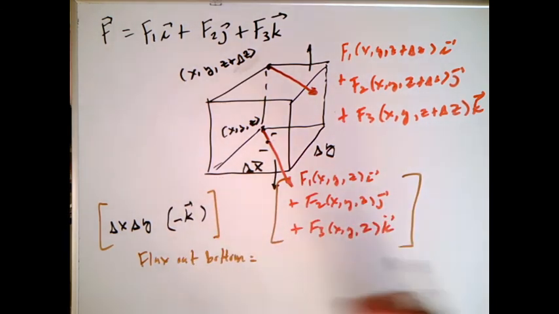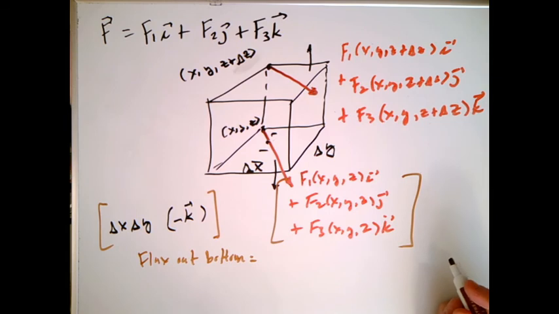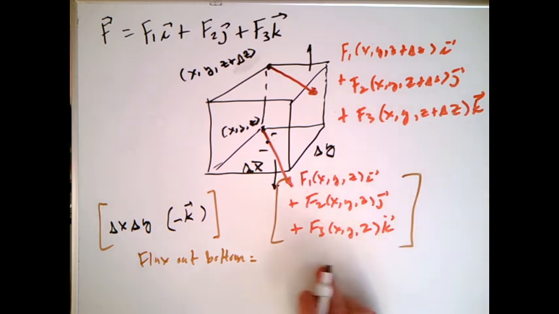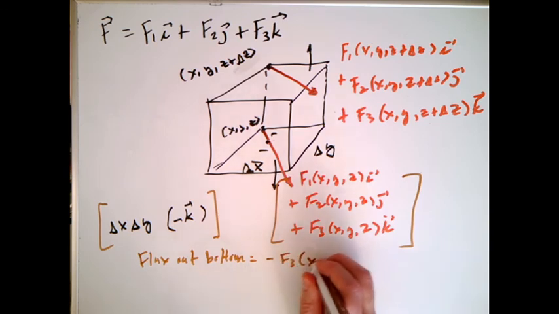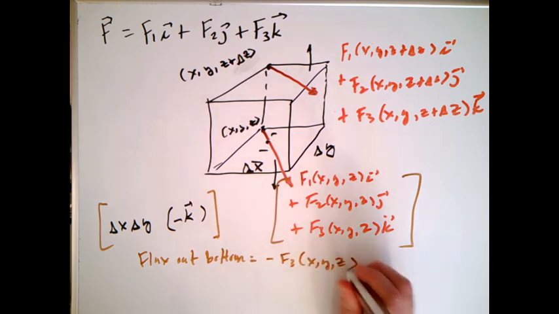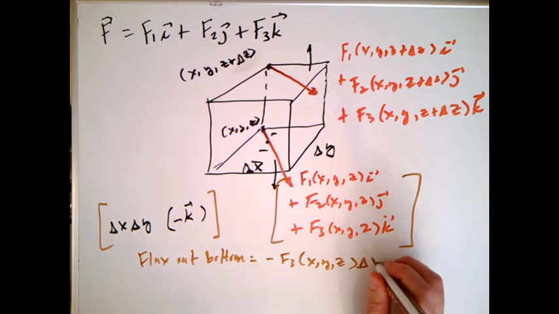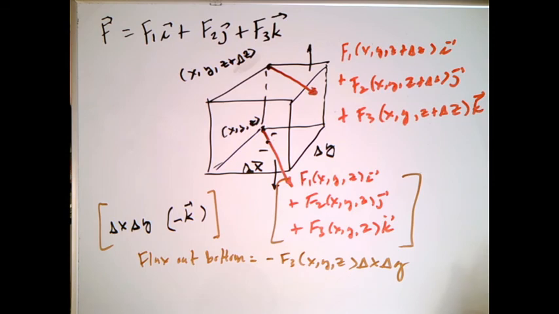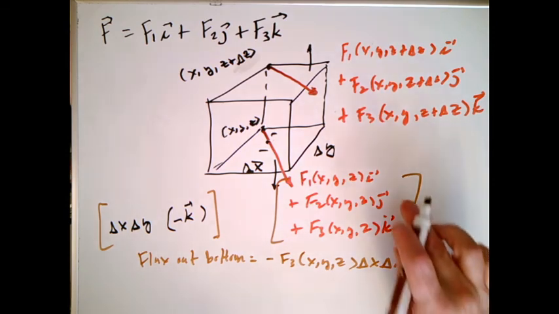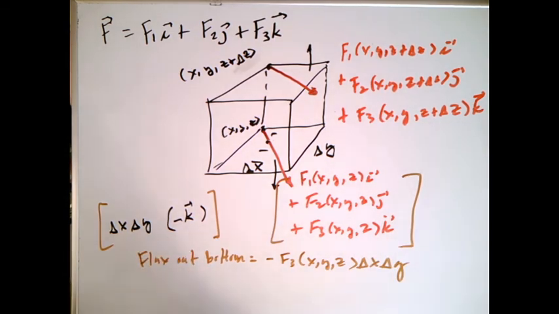Well, i dot k is 0, j dot k is 0, so the only thing we really have to worry about is the third part. And what I'm going to get is minus f3(x, y, z) delta x delta y, like that. So that's the flux out the bottom, and we got that by dotting the bottom arrow with the bottom area vector.